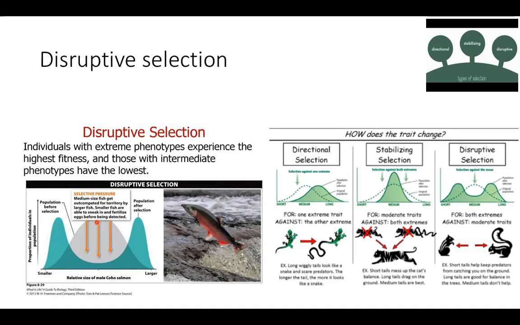Okay. If we're looking at the males that are most successful when it comes to being able to fertilize eggs, we find that the larger males are very successful because they're large and they're strong and they can impress females by their strength. But we also find that the smaller ones are successful because they can sneak in and they can fertilize the female's eggs while no one is looking.